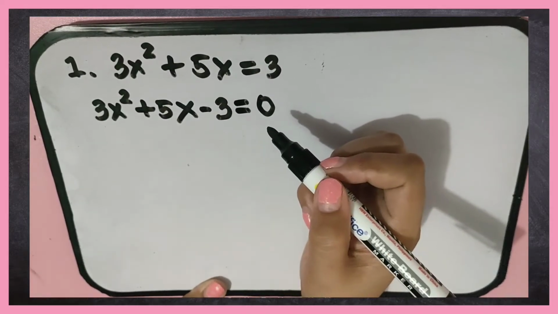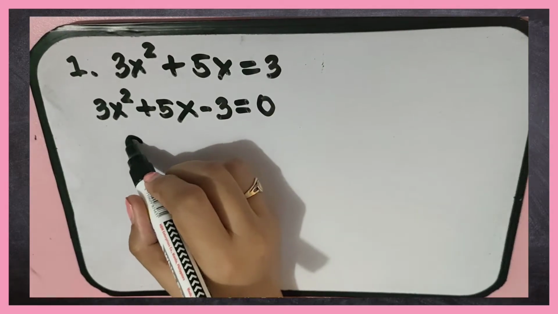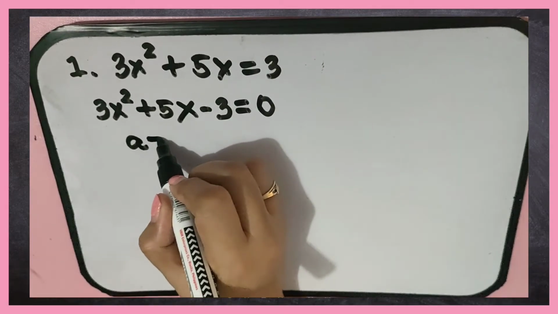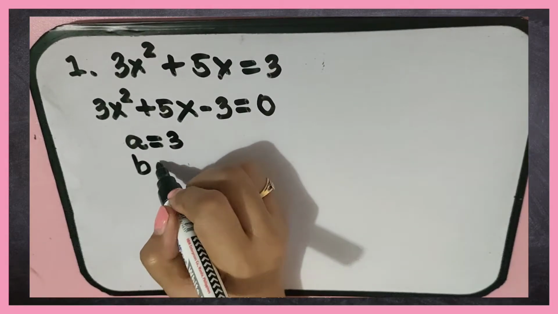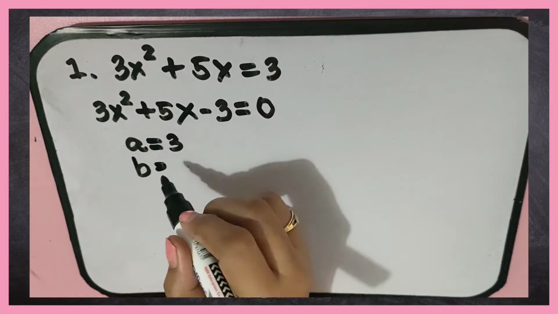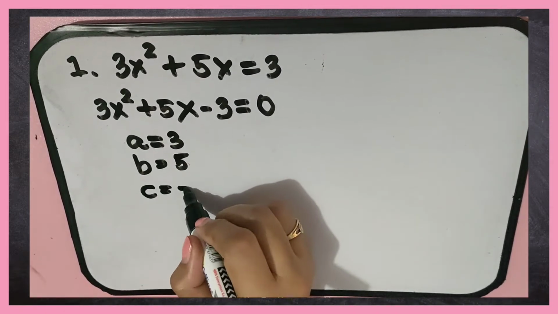Then after that, step number 2. We have to determine the value of a, b, and c. The value of a is 3, b is 5, then c is negative 3.